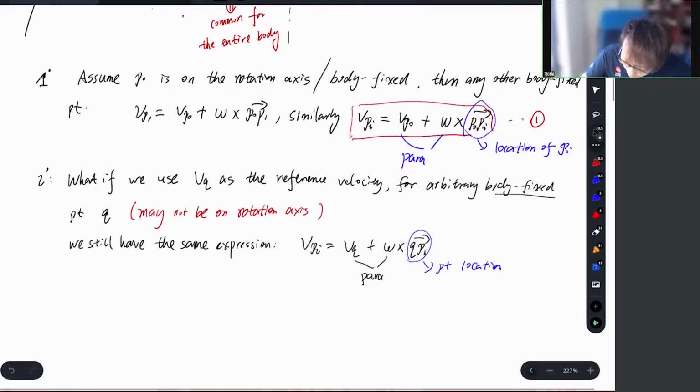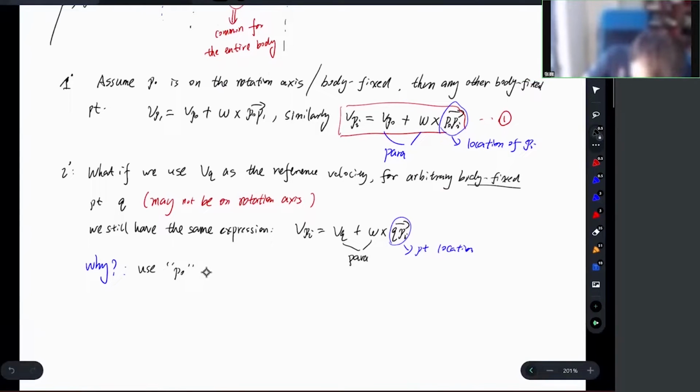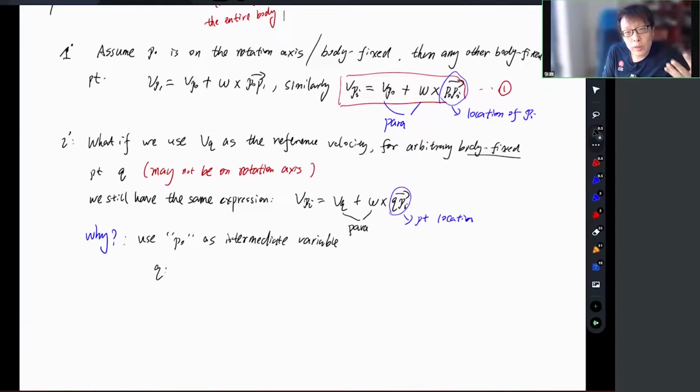Okay, and why is that? I think we derived that before. Let me briefly mention that again. Why is this the case? Let's try to use P0, a point on the rotation axis, as an intermediate variable. Because Q is body fixed, because we select an arbitrary Q, all we assume is that it's body fixed.